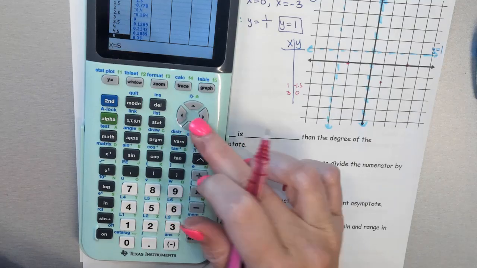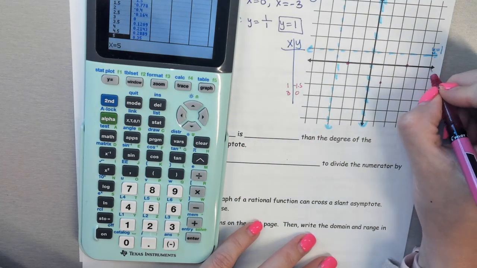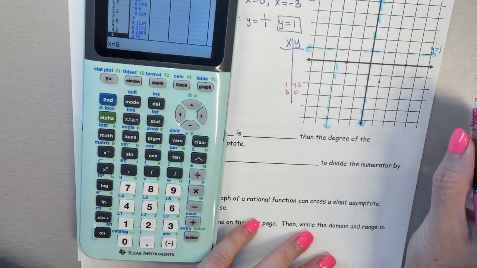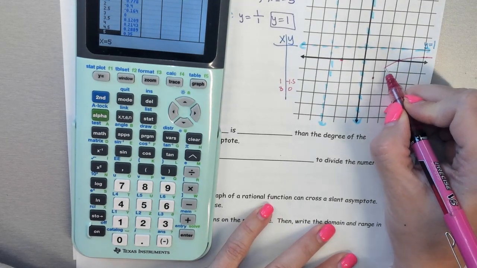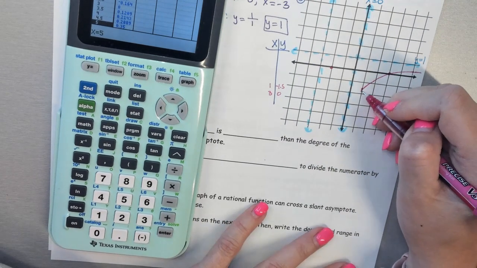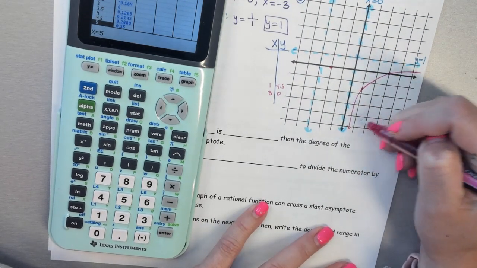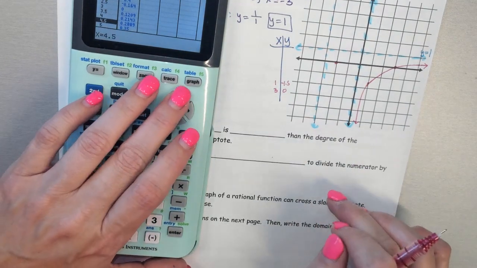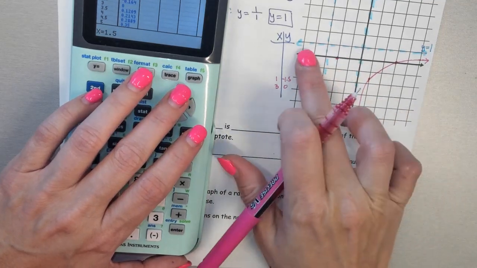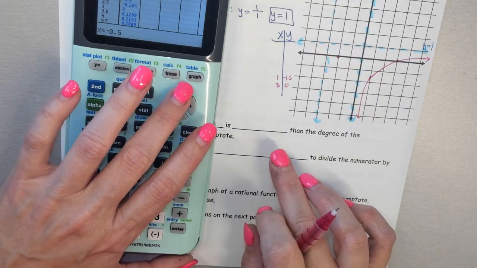I want to see what's happening at 5. It's 0.35. Okay, so this is going to help me with my curve here. Remember, this is never going to cross that asymptote. So I have 1 branch. And then I need to see what happens in between 0 and -3.